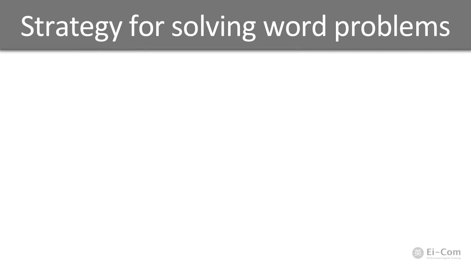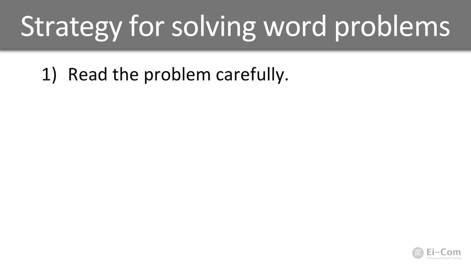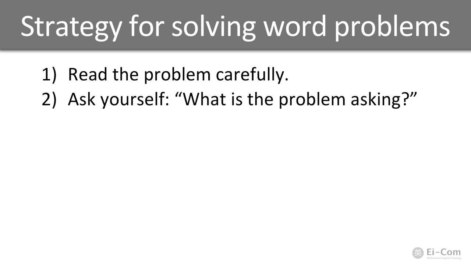Now let's review our strategy for solving word problems. First, read the problem carefully. Then ask yourself, what is the problem asking? Next, draw a picture that shows information that you know and information that you don't know.